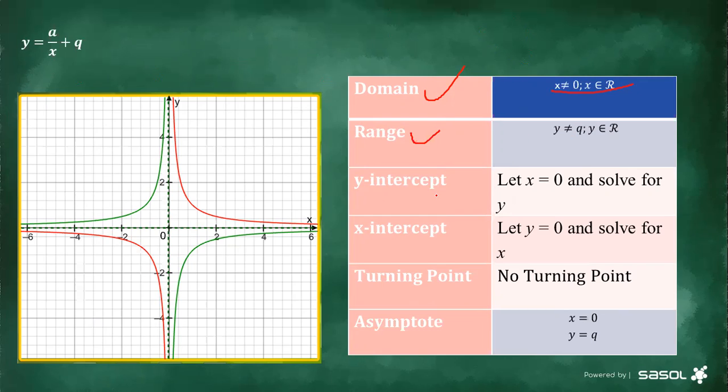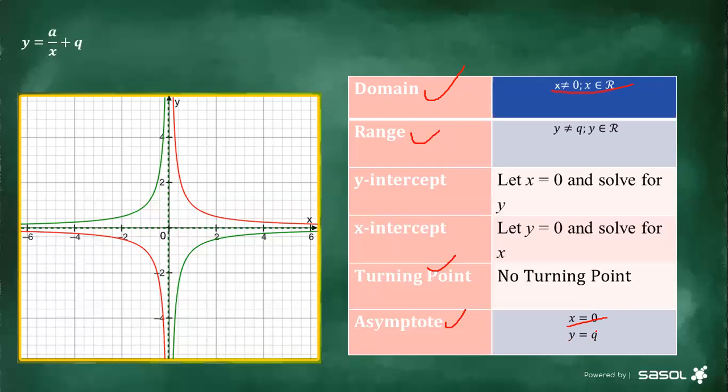And then the y-intercept: you let x be 0 and solve for y. X-intercept: let y equal 0, solve for x. No turning point for the hyperbolic. Asymptotes: we have two asymptotes, x equals 0 and y equals q. The x equals 0 will always be x equals 0, it will never change. But the horizontal asymptote depends on the value of q, so you just say y equals that value.